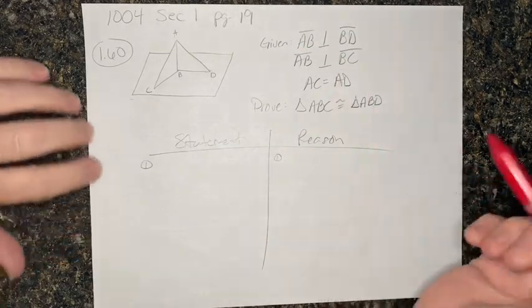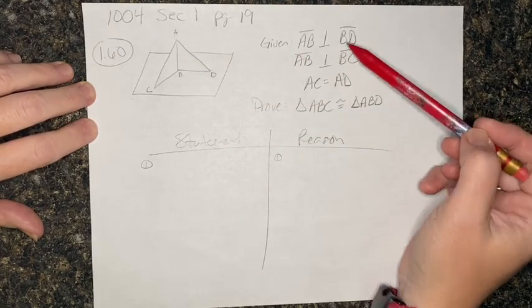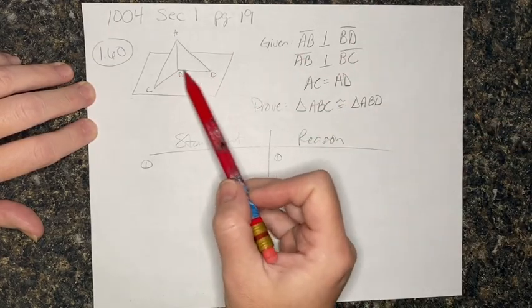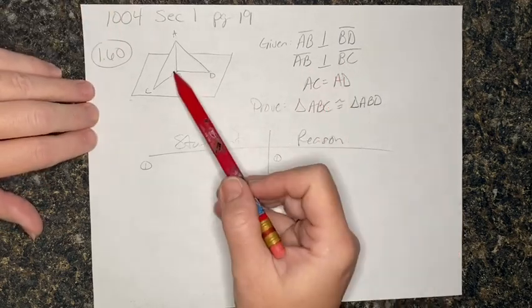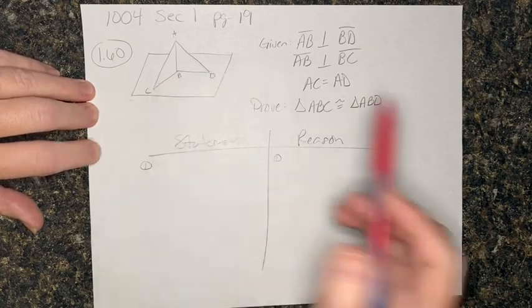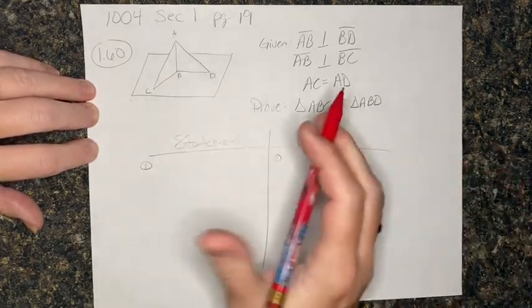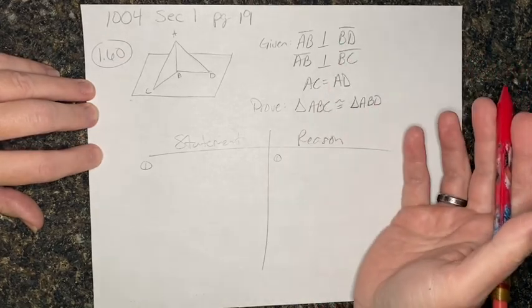All right, so here's our given information that AB is perpendicular to BD, and that AB is also perpendicular to BC. So that tells us that C, B, and D are not collinear, because if they were, then we wouldn't need 2 statements. Okay, but we know that they're perpendicular.